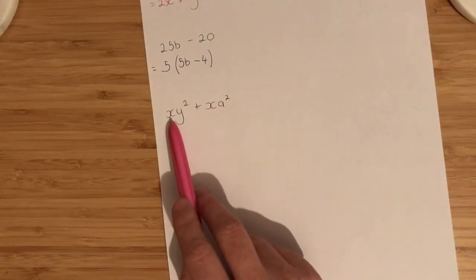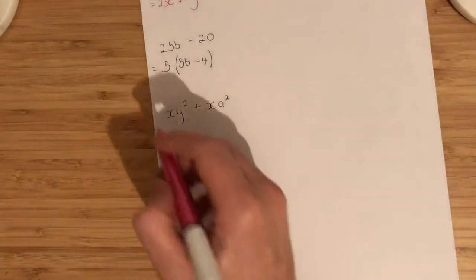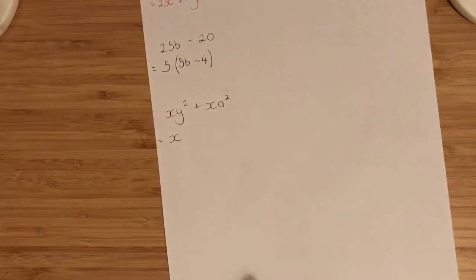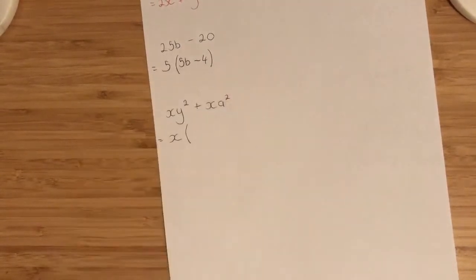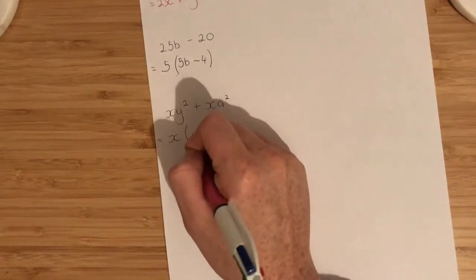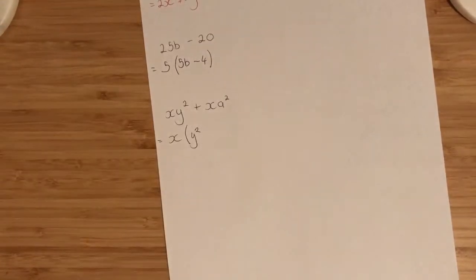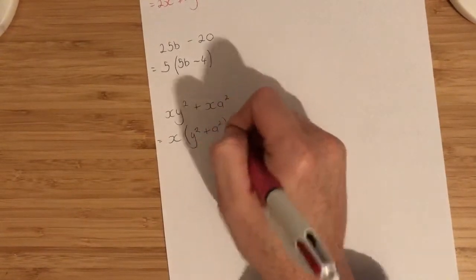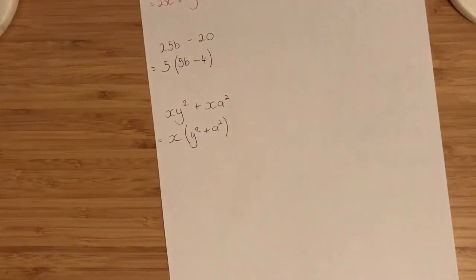And yes, we do, because x is in this one and x is in that one. So x is your highest common factor. You take that out, open up the bracket. x times y squared would get you back to xy squared. So that's your first thing. And hopefully you've seen for the other one, plus a squared. And that's you for that as well.